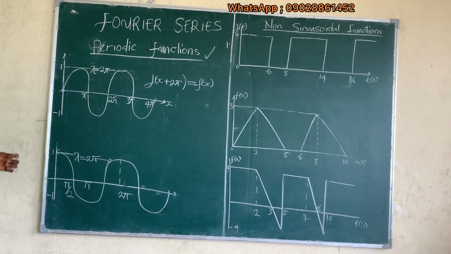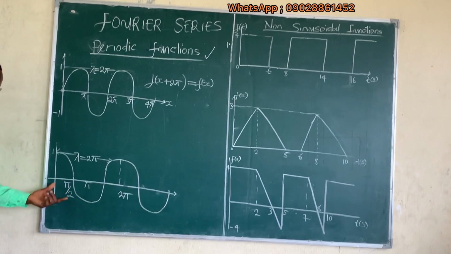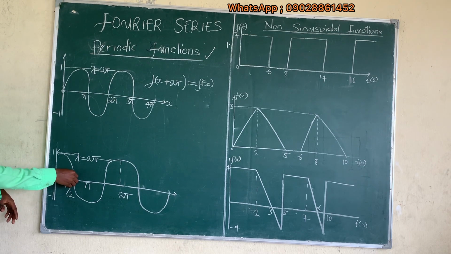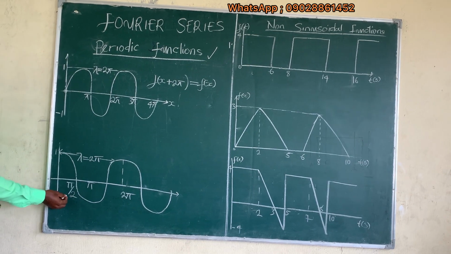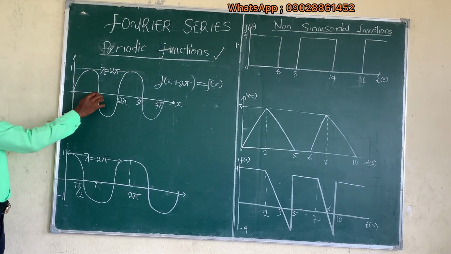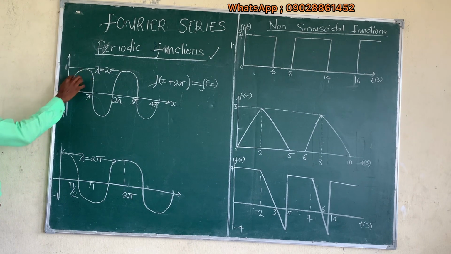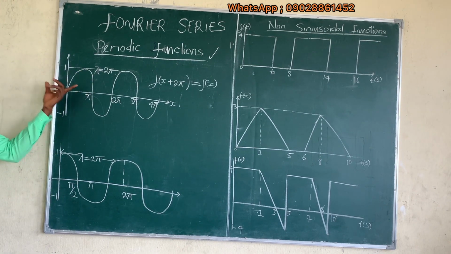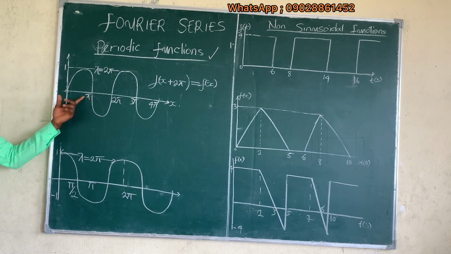This is the graph for the sine function, and also this is the graph for the cosine function. From here to here is not a complete oscillation. We have just pi over 2, because if from here to here is pi, it means from here to here will be pi over 2. Then from here to here also will be pi over 2, and pi over 2 plus pi over 2 will give us pi.